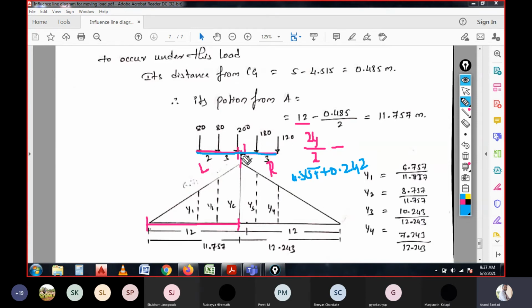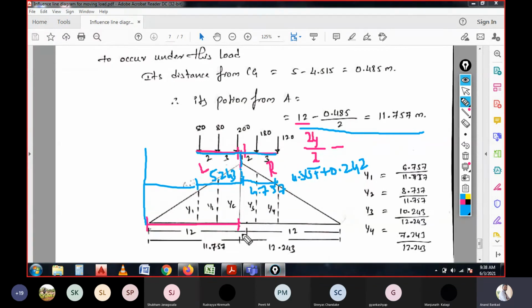If you consider the point, that is a total of 4.757, and the remaining distance of the total 10 meter, if you deduct 4.757, will be 5.243. That is the remaining distance, up to here, calculated in this manner.